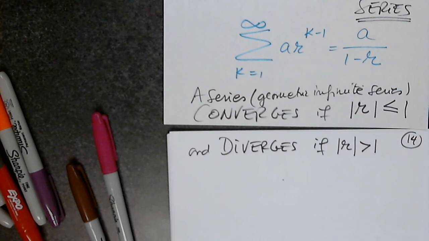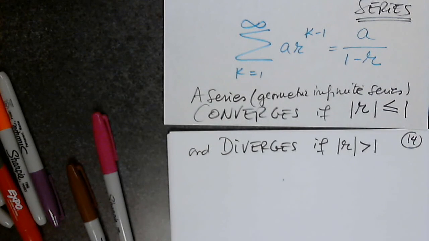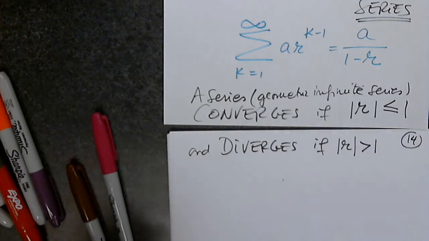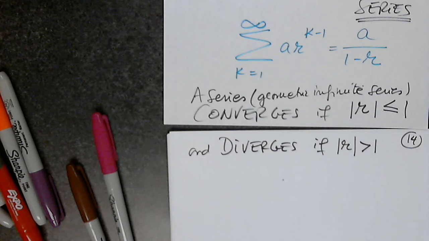So what do converge and diverge mean? If I'm able to add all the terms of an infinite series and say the sum is 5, then the infinite series is called convergent.